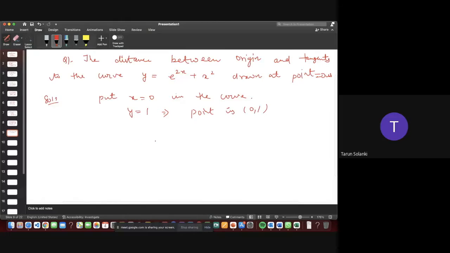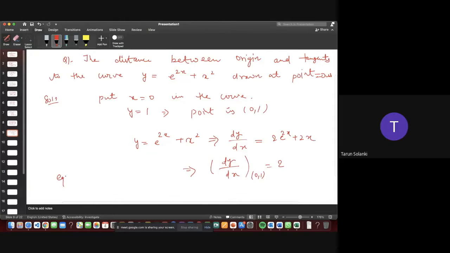Next, y equals e to the power 2x plus x square, so dy by dx equals 2 e to the power 2x plus 2x. That means dy by dx at (0, 1) equals 2.